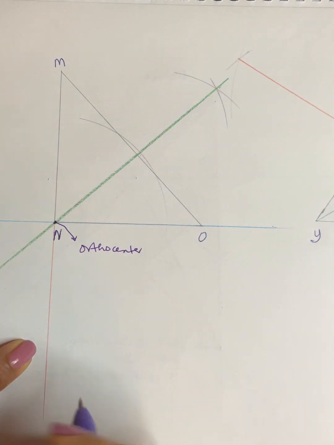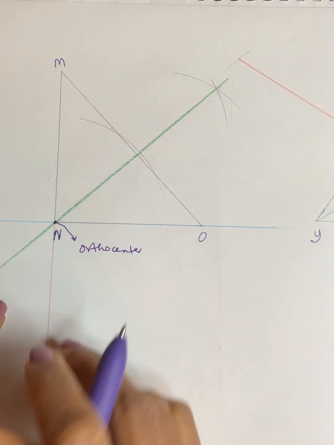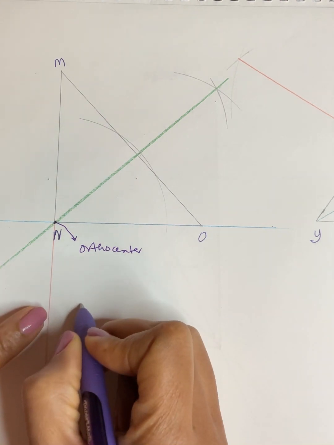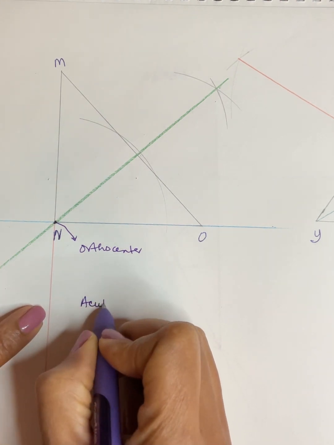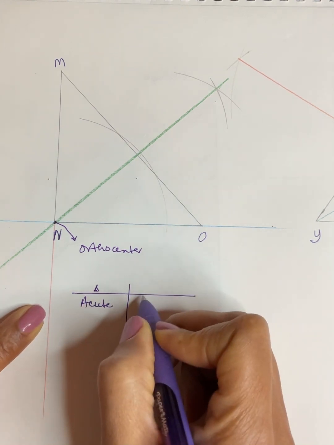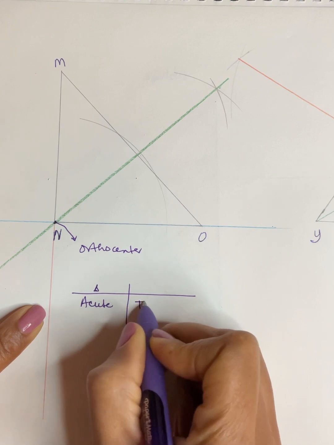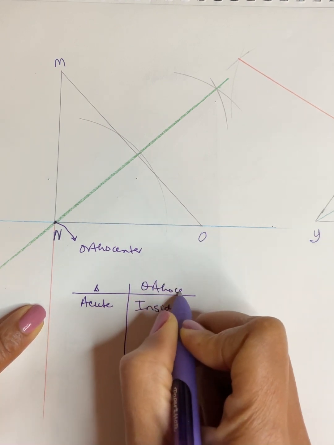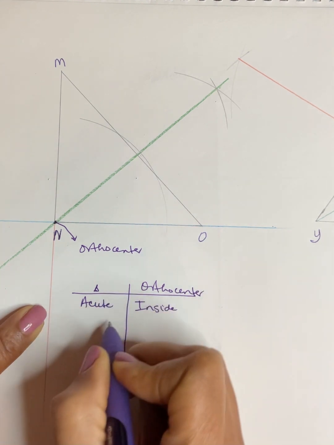So we can create a table there. Once again, say for an acute triangle, and we have our symbol there for triangle. You can say that it meets on the inside, and that's the orthocenter. It meets on the inside.